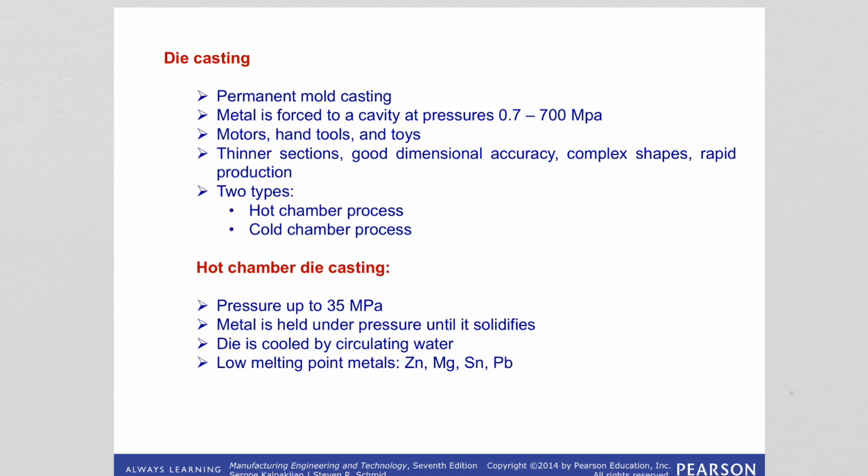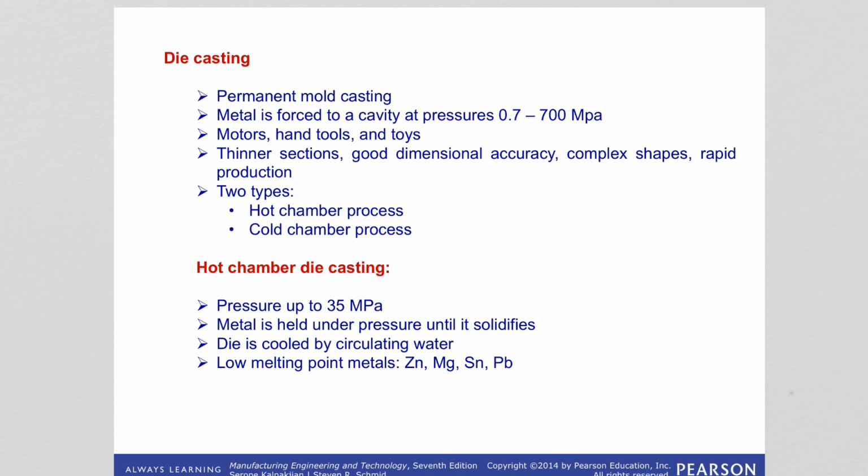There are two main types of die casting machines, hot chamber and cold chamber, which are differentiated by how the molten metal is injected into the cavity.